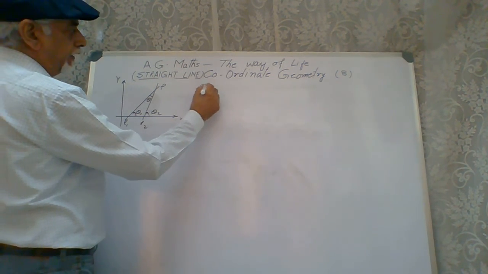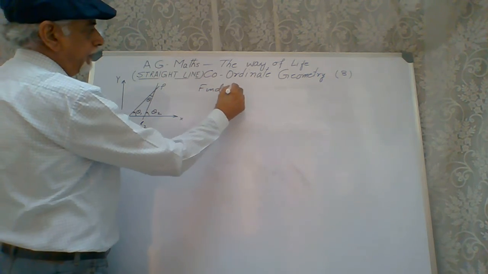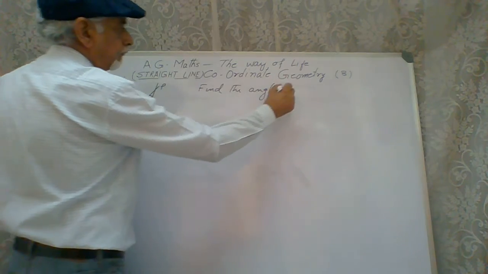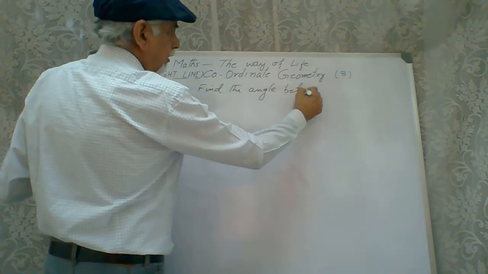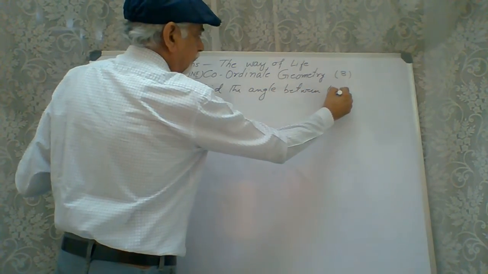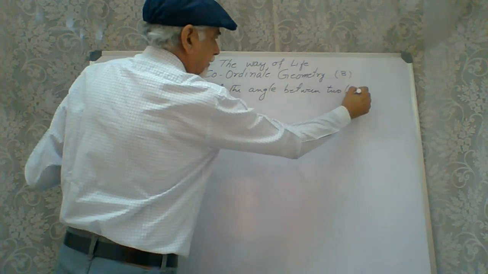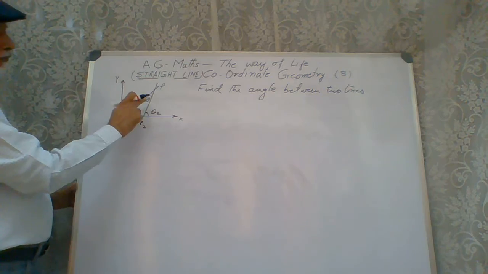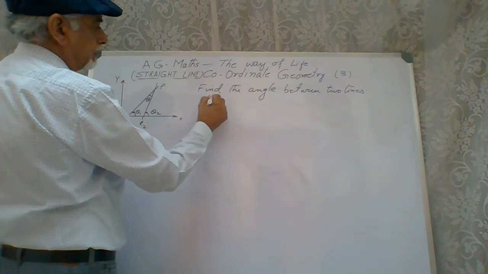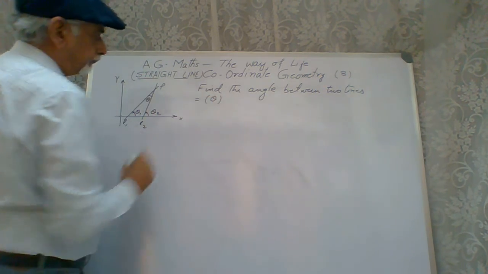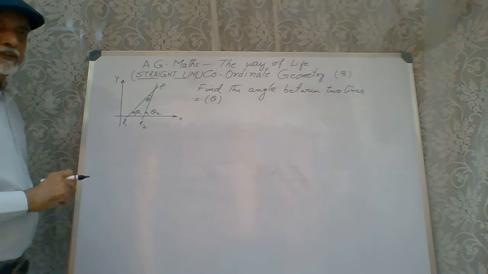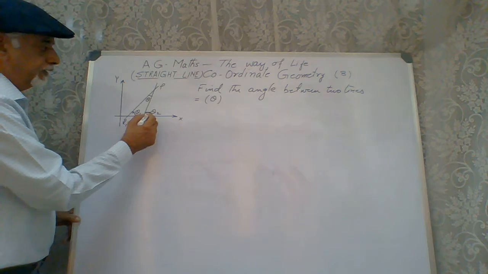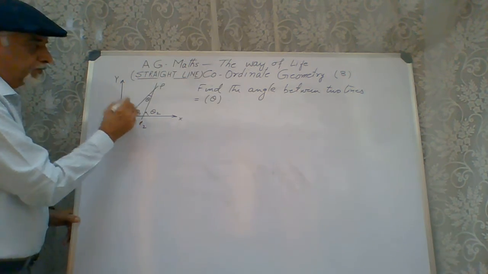We have to find the angle between two lines. That is what we are trying to find out now. The angle between the two lines is theta, here it is called theta. We know by geometry that in a triangle, this is the exterior angle, theta 2, and these are the interior opposite angles.